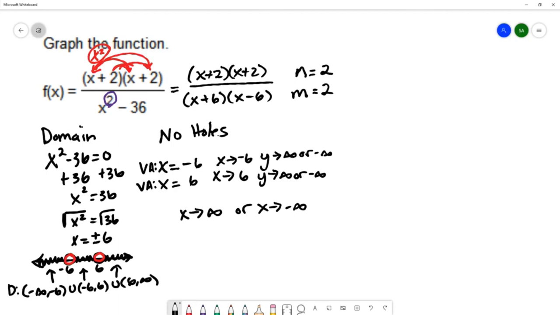So once we know the degree of the numerator and the degree of the denominator, we need to decide which case of horizontal asymptotes we're in. So there are 4 cases.